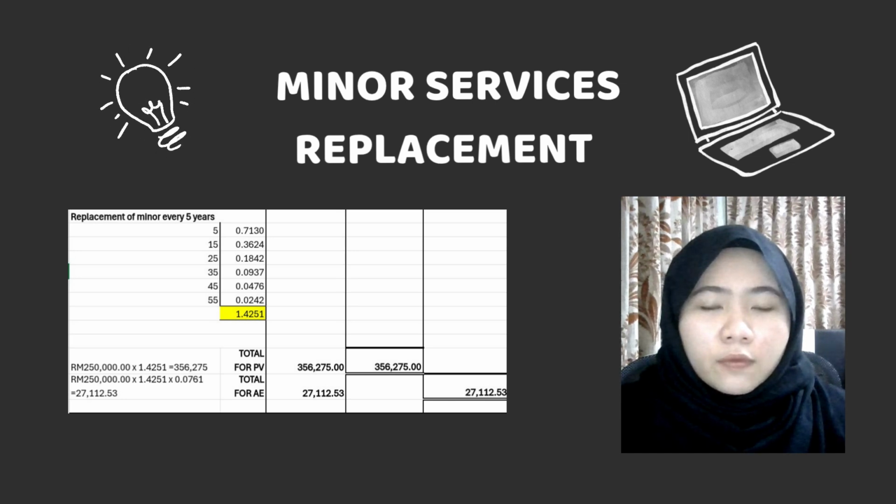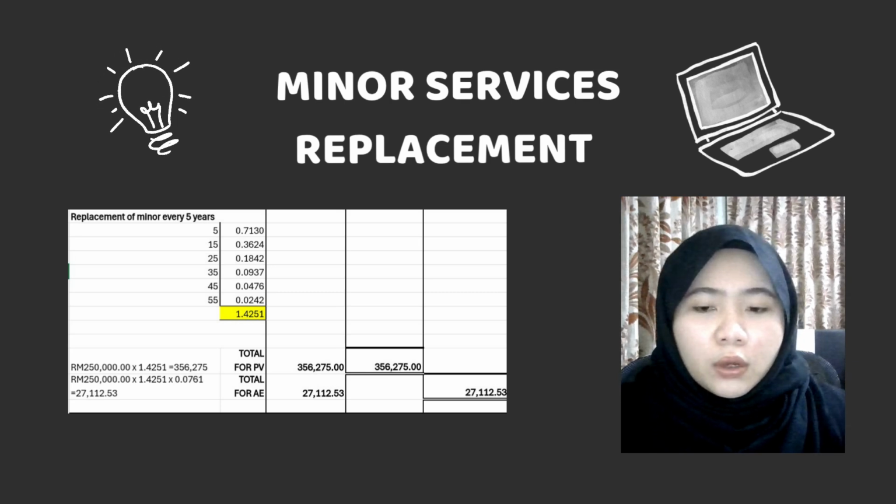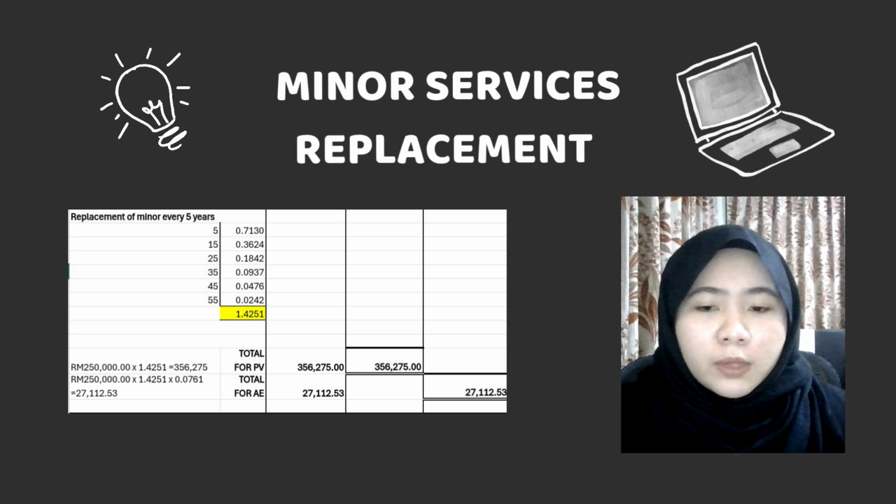To get the present value, we need to multiply the cost of minor services replacement every 5 years, which is RM 250,000, with 1.4251.